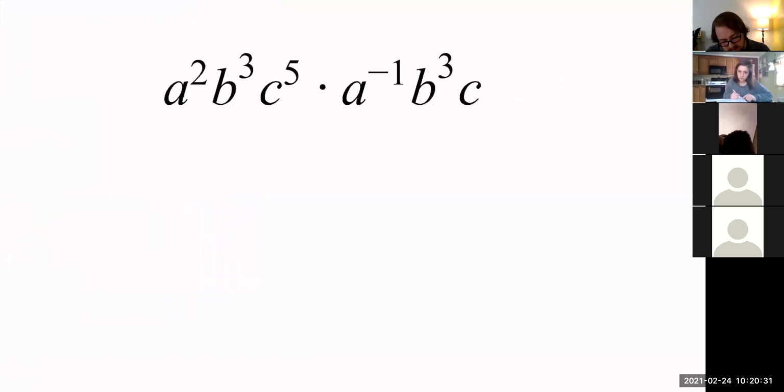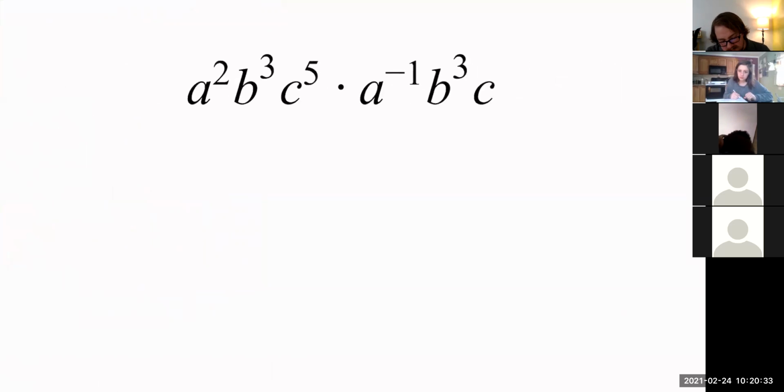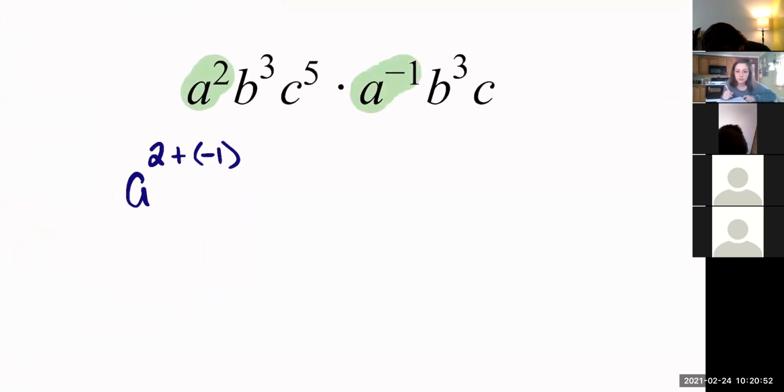So on this last one, I see, like I said, 3 sets of common bases. I have base A. Everything's being multiplied together. So the base A to the 2nd plus the -1 for the second base A. And if you're a color-coded person like me, that would be those pieces.